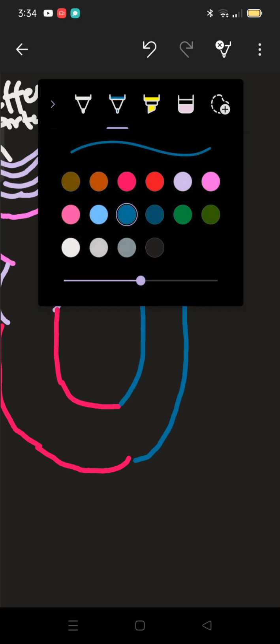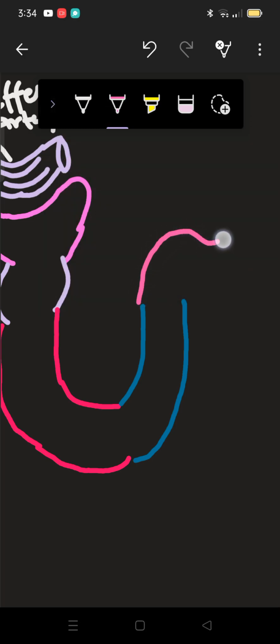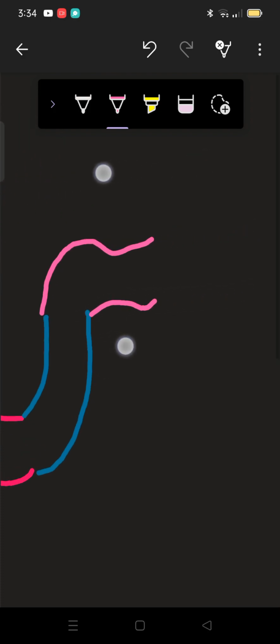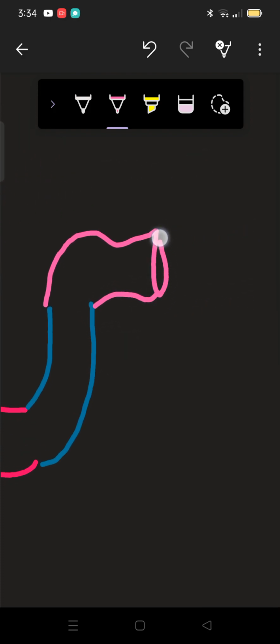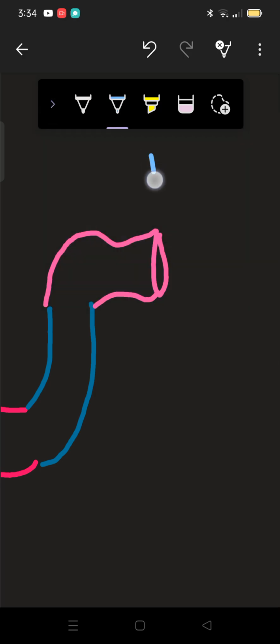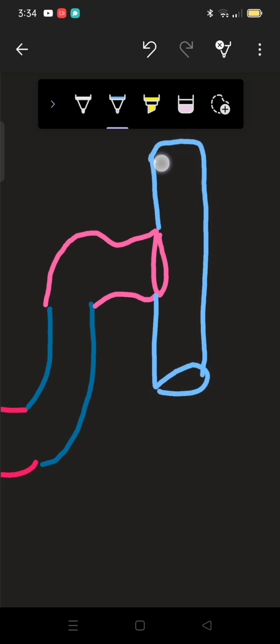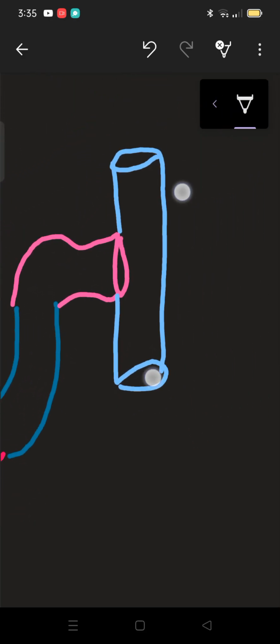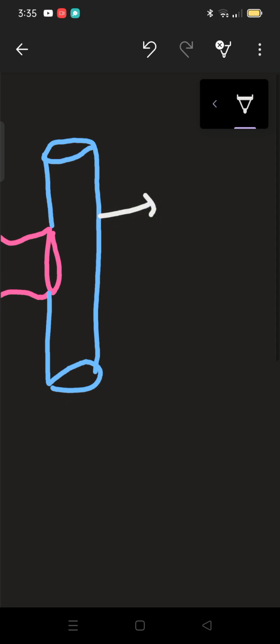Again here we would have the DCT. Here we have DCT. And ultimately here we would have the collecting duct. So I should label this. This is the collecting duct.